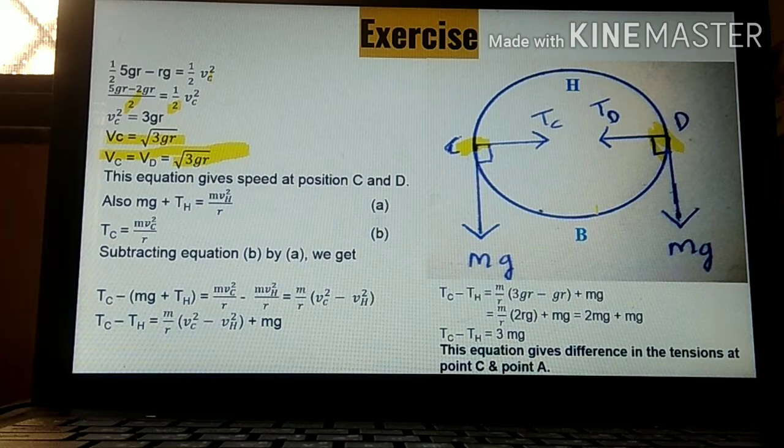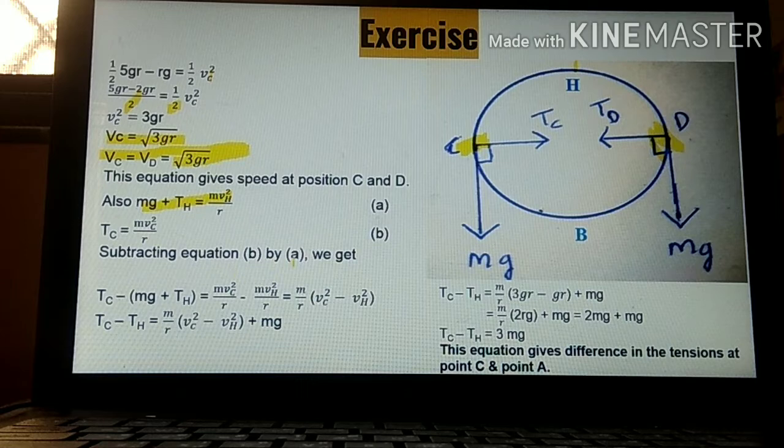Now if we want to find out the difference between the tension at this point C and point H, the highest point, what will we be doing? We'll be subtracting B and A. We know whenever the bob is at the highest point, the tension in the string is given by this formula, that is mg plus Th is equal to m vh square upon r, as well as tension at point C is only due to centripetal force, that is m v square upon r.